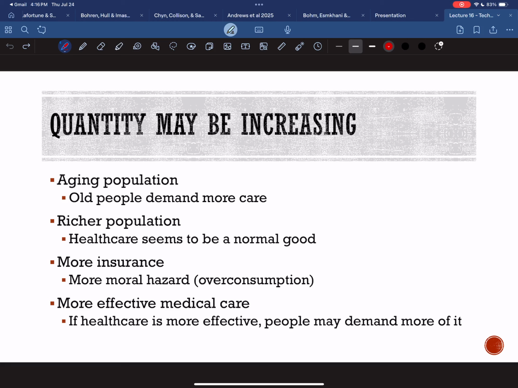But there's evidence that healthcare may be in some sense a luxury good, where you may spend more money as a percent of your income on health the more money you have. So a way to think about this is if you know really rich people, they spend a lot of money on exercise classes and things like that.